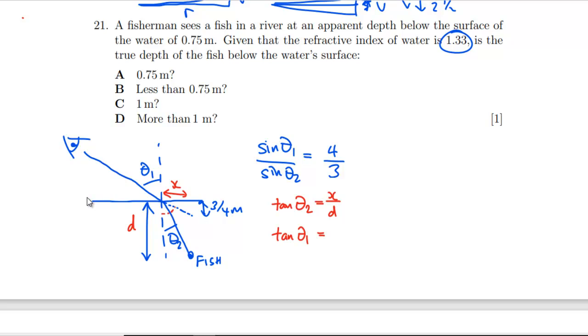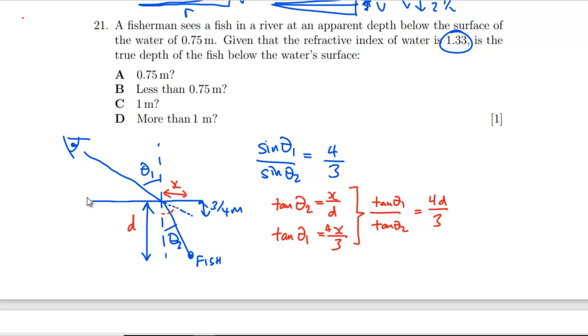Opposite is x, adjacent is 3/4. So 4 over 3. Right, so maybe we divide these, because that's going to get rid of x. So we do tan θ1 divided by tan θ2. That's going to be equal to 4d over 3.